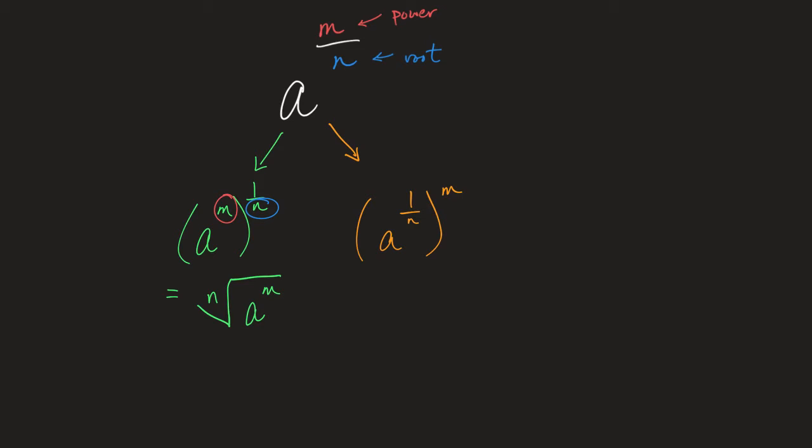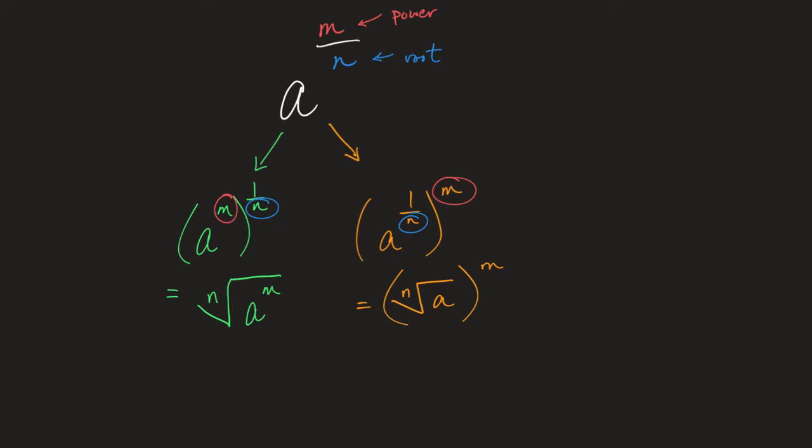What does that enable me to do? It enables me to think of it this way, that I then have the nth root of a, and that is all raised to the exponent m. Notice I have my nth root and all raised to a power of m.